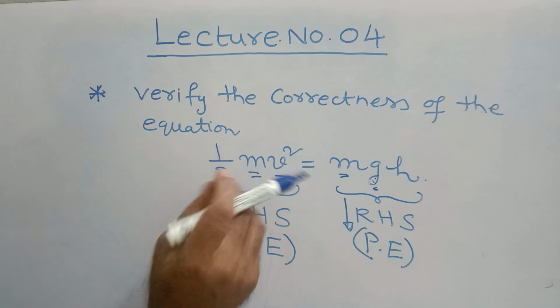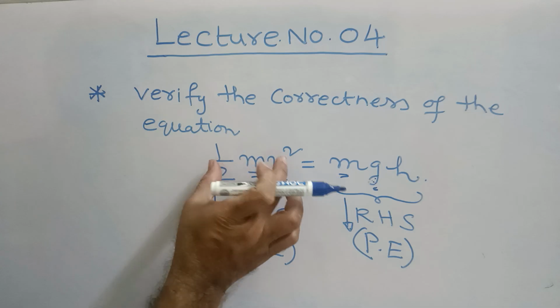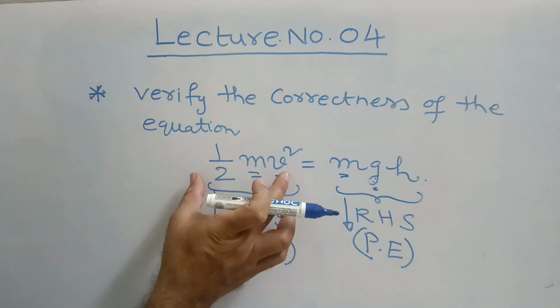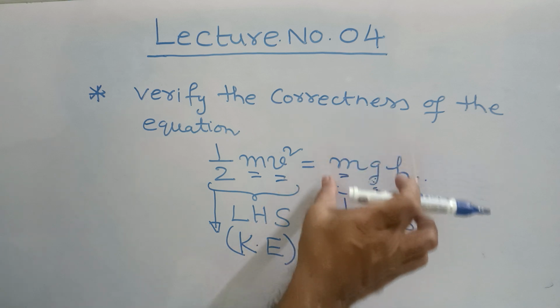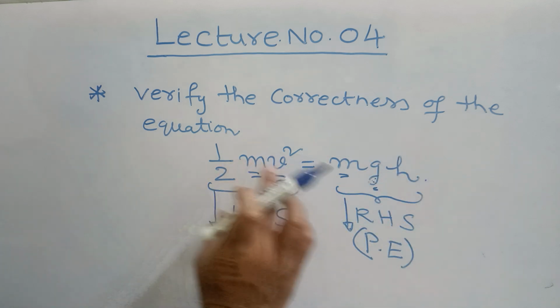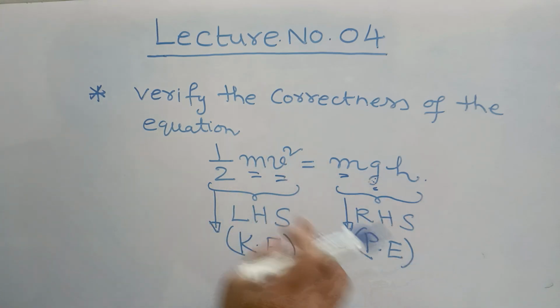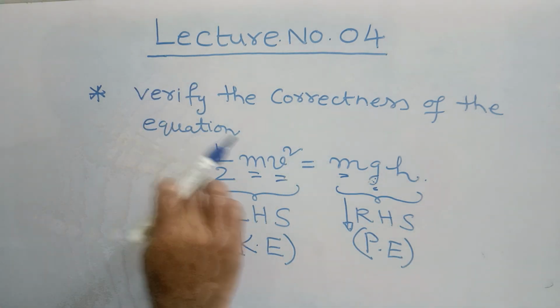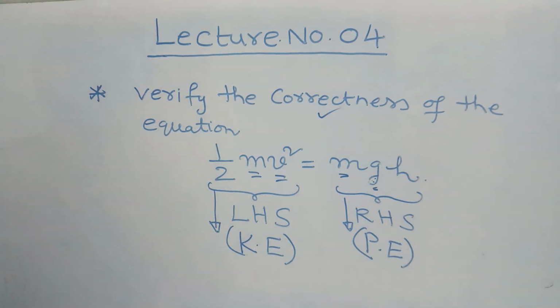So I will explain one by one. For the left hand side quantity, you have to write its dimension. Similarly, on the right hand side quantity, you should write the dimension and compare the dimensions on both sides. They must be identical. The dimensions on both sides must be identical for the correctness. That is the condition.